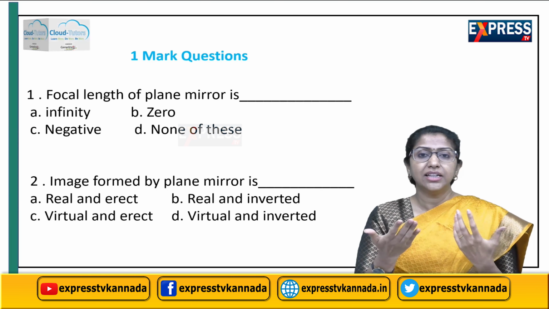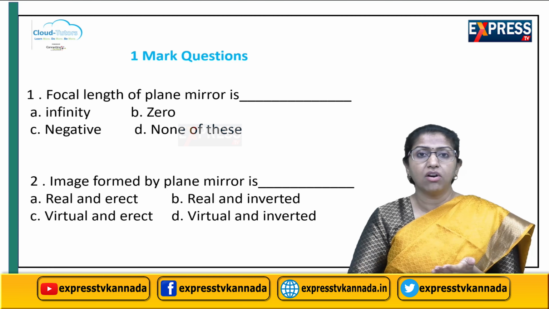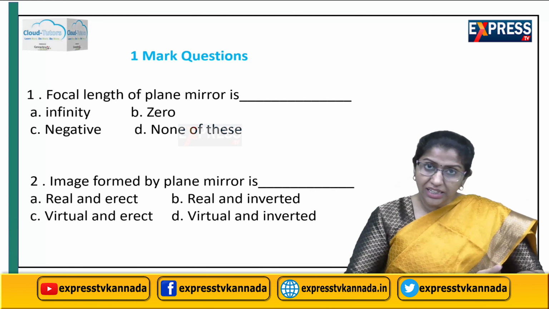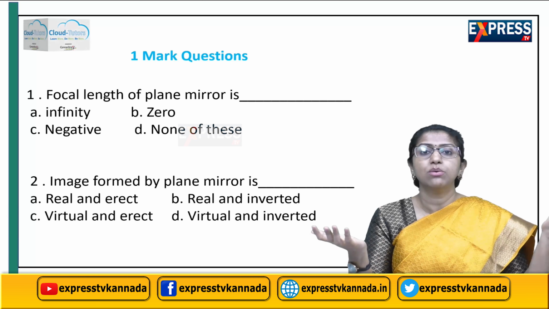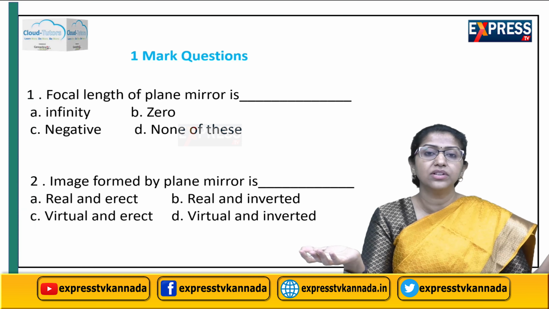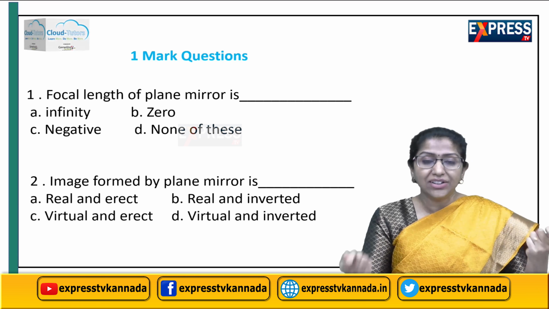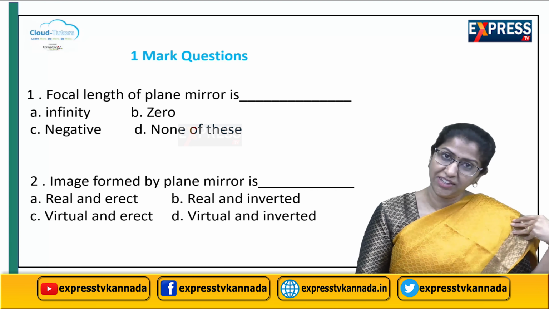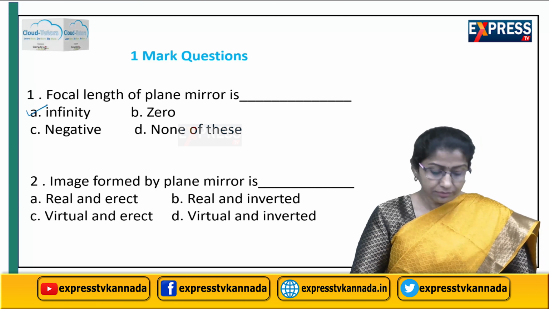You can imagine the plane mirror as a part of a glass sphere or a reflecting sphere which is infinitely large. In that case, what happens to the focal length of the plane mirror or the radius of curvature? It would be infinity, and half of the infinity obviously will be infinity again. So your answer will be A.